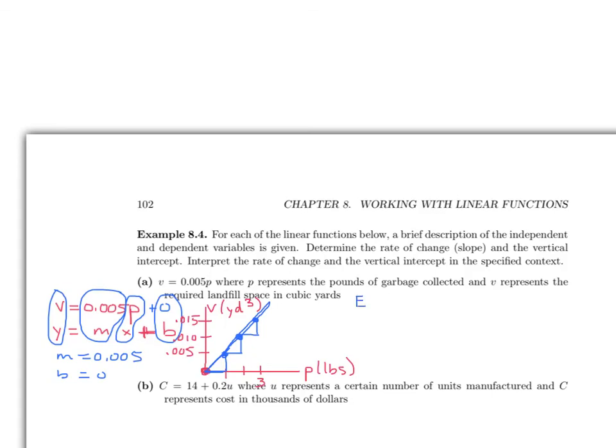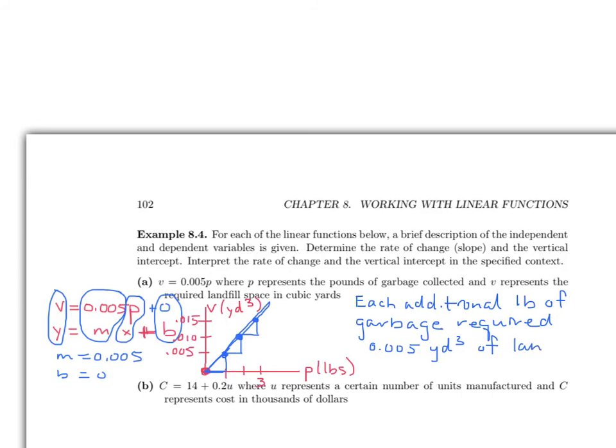So each additional pound of garbage requires 0.005 cubic yards of landfill space.